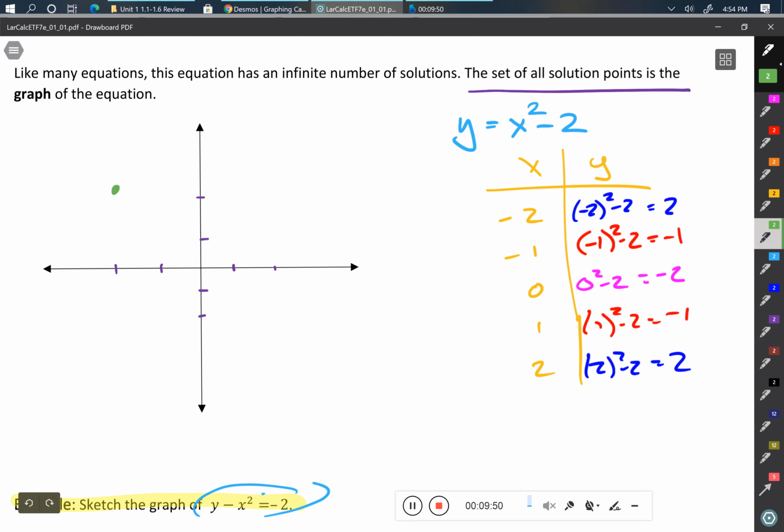When x is negative 1, y is negative 1. When x is 0, y is negative 2. When x is 1, y is negative 1. When x is 2, y is 2. And there's my lovely parabola. And that parabola, that graph there, is all the solution points for that equation.